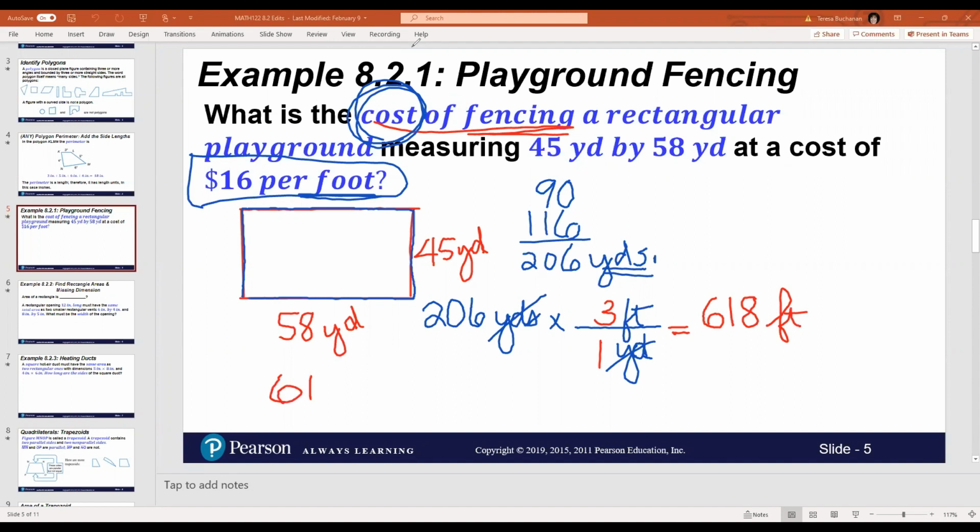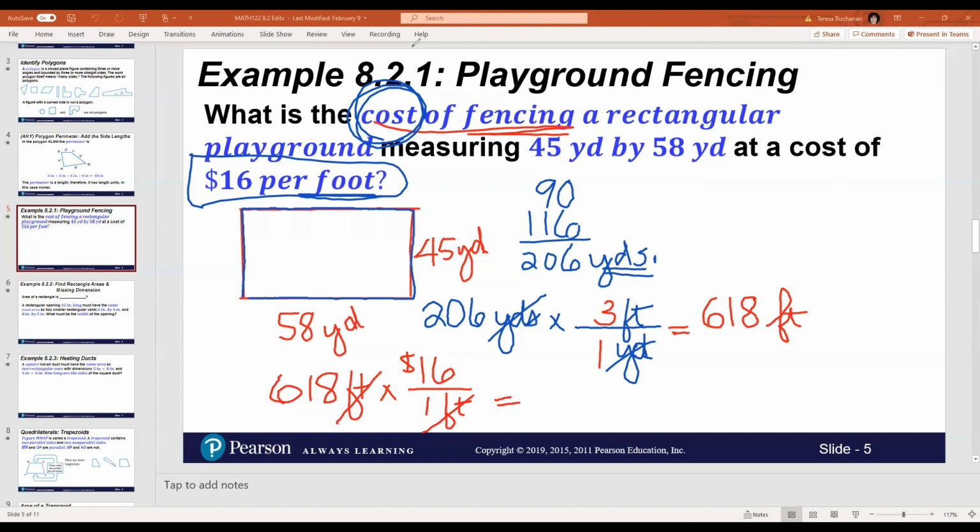So at that point, then I'm ready to think about my cost. I have 618 feet. And again, times, here's my unit multiplier again, times $16 for 1 foot. Feet is what I want to get out of. I want to get into the dollars. I can see clearly that I have to multiply.